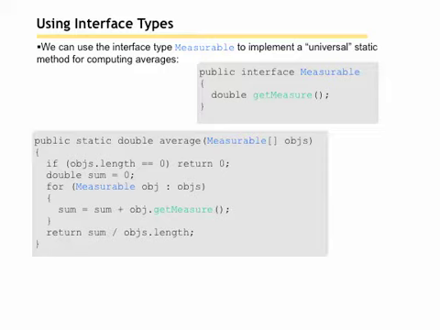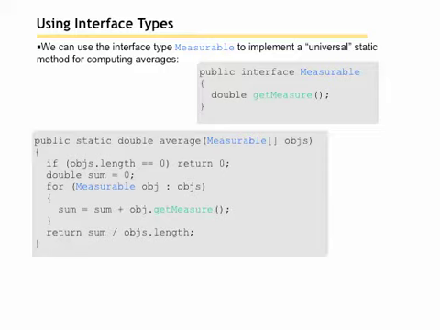So we set up our sum, our accumulator variable, double sum equals 0. For (Measurable obj : objs), we are using the enhanced for loop. Recall with the enhanced for loop that we can't change the object while we're on it in the for loop. However, we're not modifying any objects in our Measurable array. We are just accessing them using the getMeasure method.